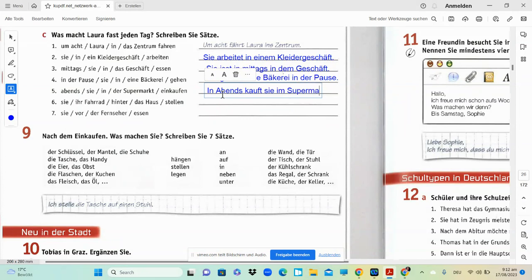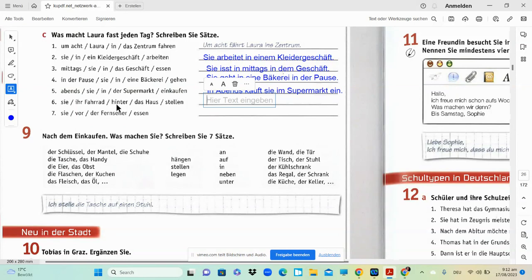Why im? Because again there's no motion, it's just the place, Supermarkt. Abends kauft sie im Supermarkt ein. Okay, why? Because it's a trennbares Verb. Okay, einkaufen becomes kauft ein.